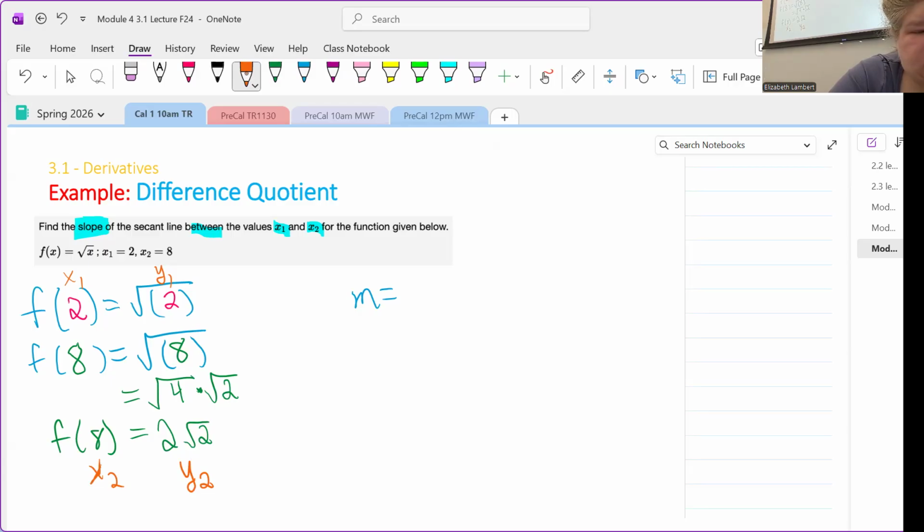So we've got here x1, y1, x2, y2. So our slope is y2, 2 square roots of 2.